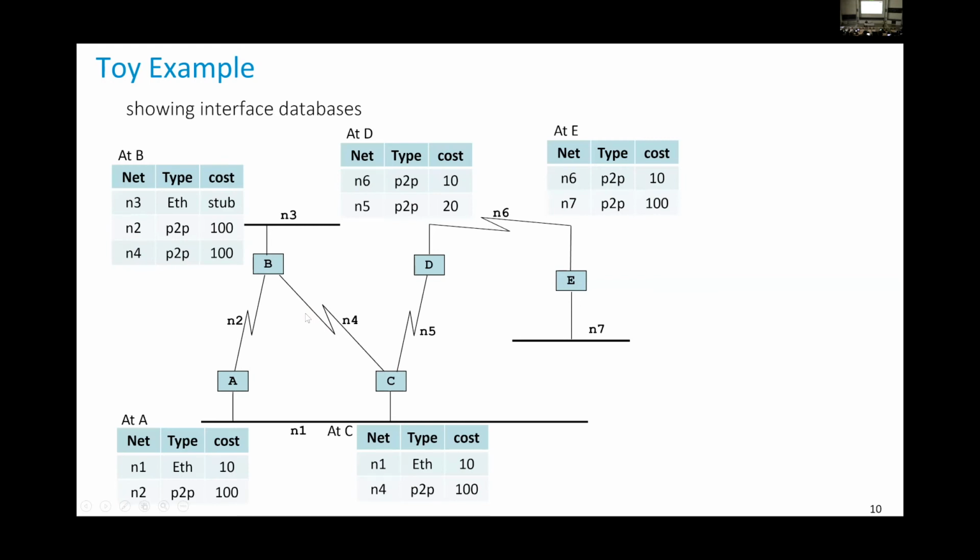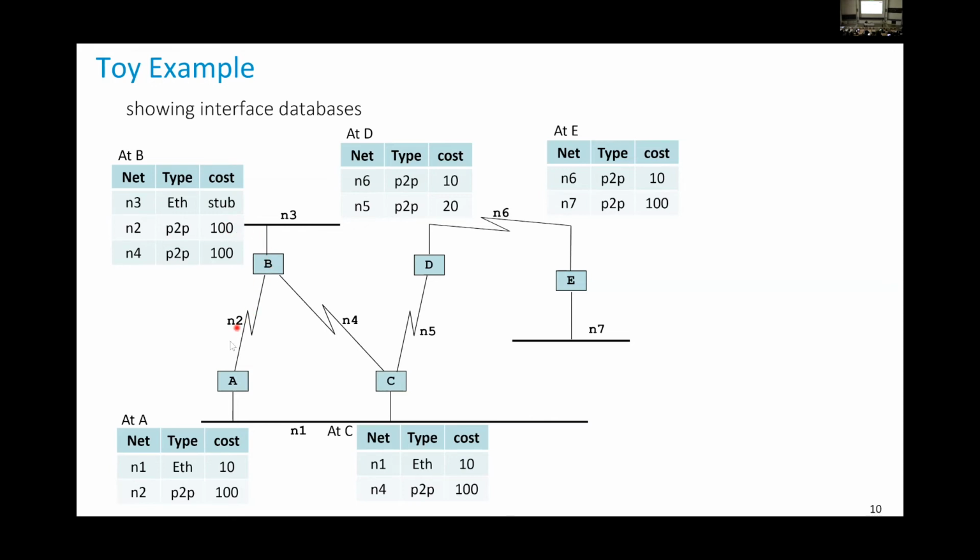And every router knows by configuration its local information. For example, B knows that it has a port that corresponds to a network prefix N3. And it shows an Ethernet port here. And then you must configure also whether this port is supposed to run OSPF or not, whether you expect to have routers on this port or not. If not, it's called a stub network. Stub means the end.